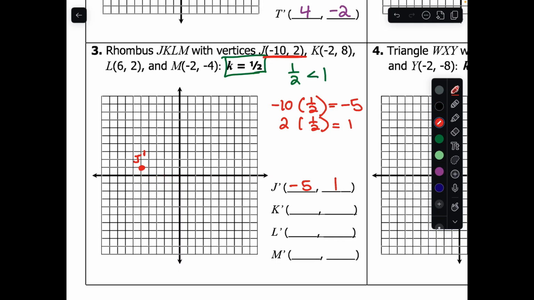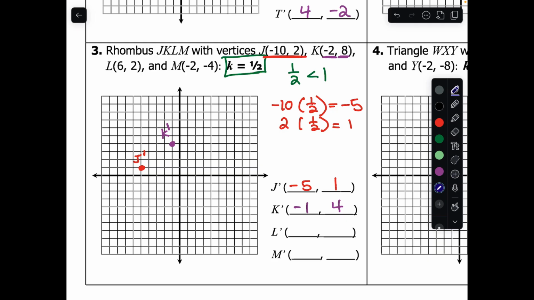And then we have K prime. We find it with the same steps: we do -2 times 1/2, gets us -1. 8 times 1/2 is 4. So we do right 1, up 4, 1, 2, 3, 4. Here is K prime. Let me erase those lines.